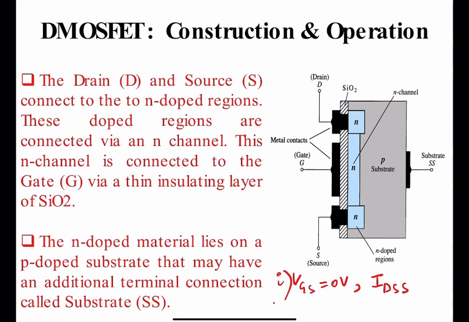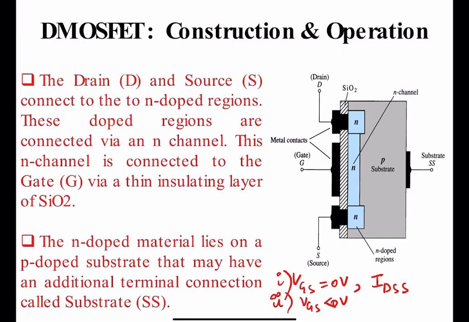The second case is whenever VGS is less than 0 volt, or we can say a negative value of VGS. At this negative potential, the gate terminal will tend to pressure the electrons towards the p-type substrate and attract holes from the p-type substrate.